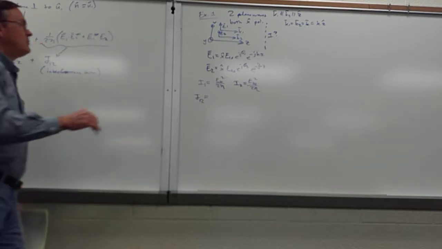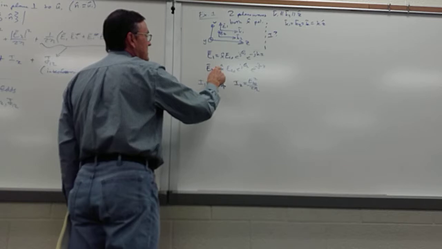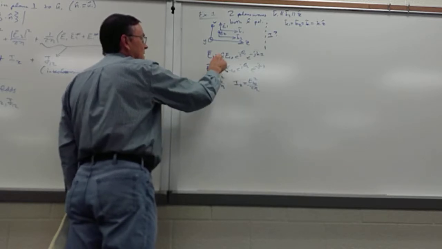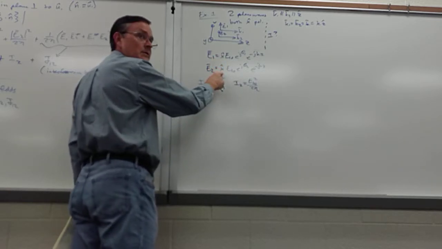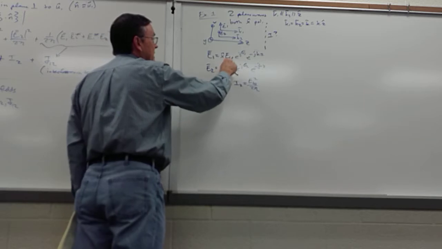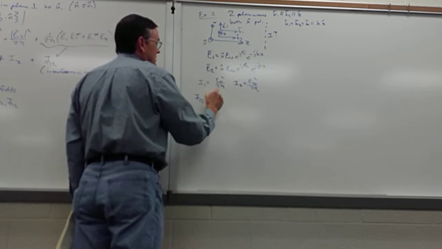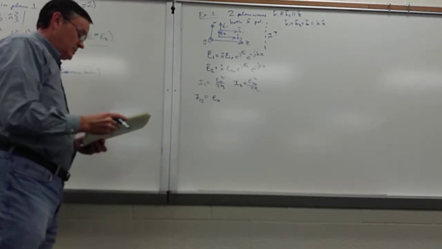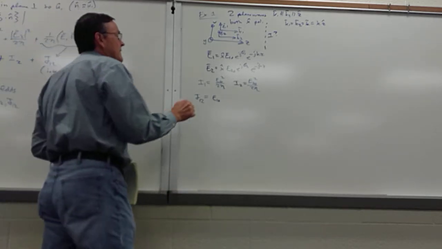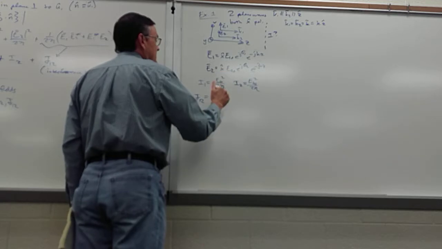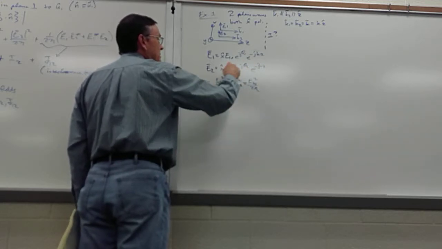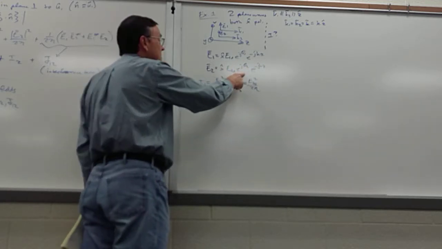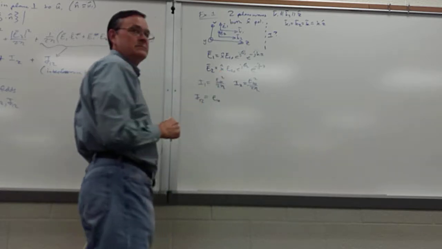So we have E1 dotted into the complex conjugate of E2. X hat dotted at X hat is 1. And then we have E1,0 and then we've got that E2,0. And this whole thing is complex conjugated, right? But is E2,0 complex?